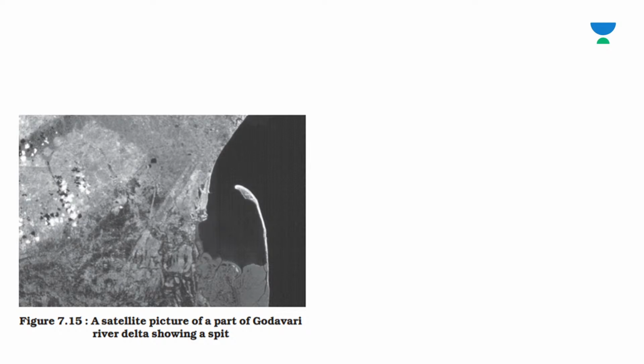So friends, in this satellite picture, as we discussed, the barriers, bars and spits at the mouth of the bay gradually extend, leaving only a small opening of the bay into the sea, and the bay will eventually develop into a lagoon.